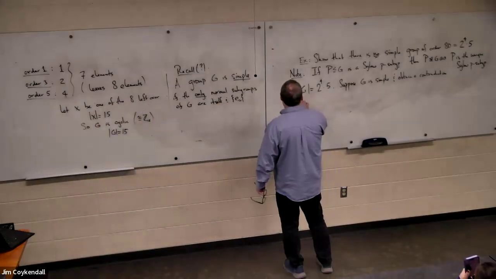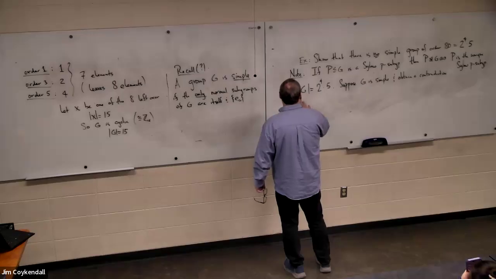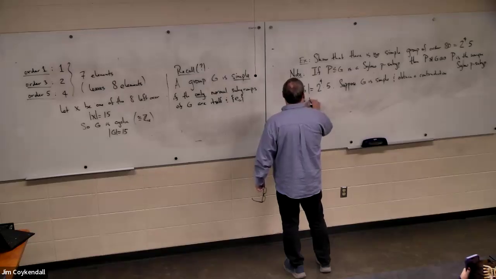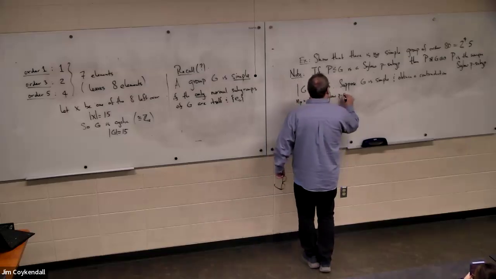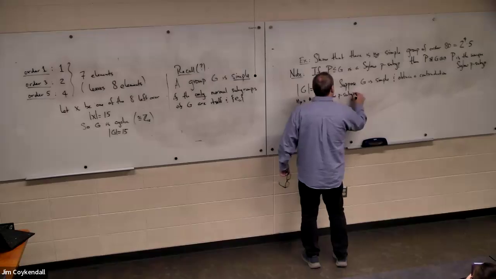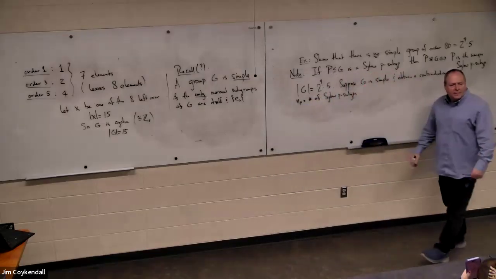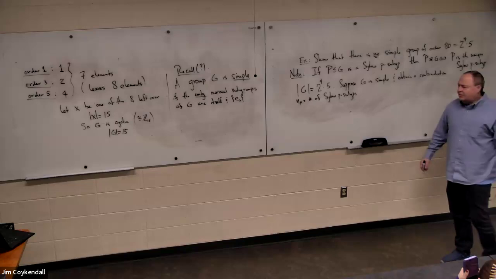We'll let n_p, as before, be the number of Sylow p subgroups. This will be my notation. Okay, so let's check this out.